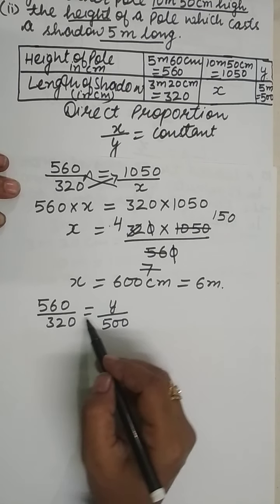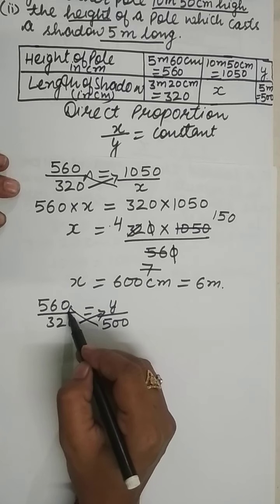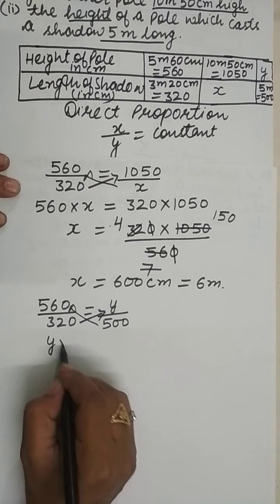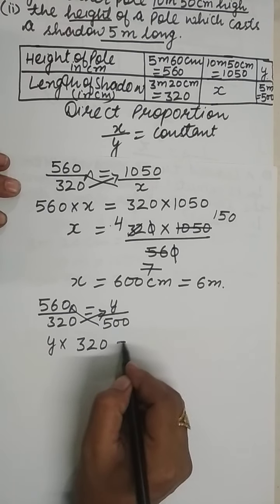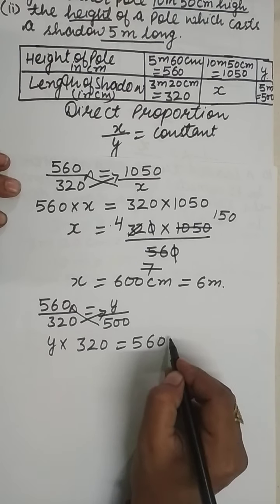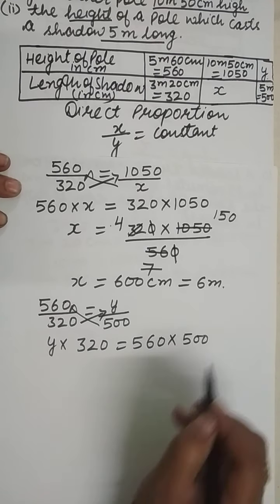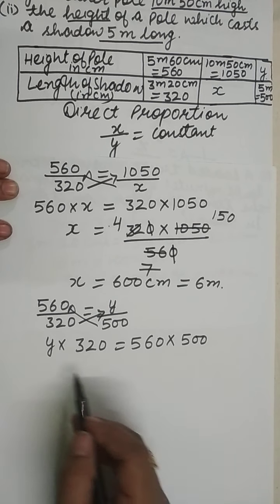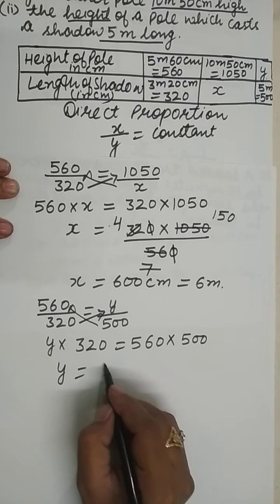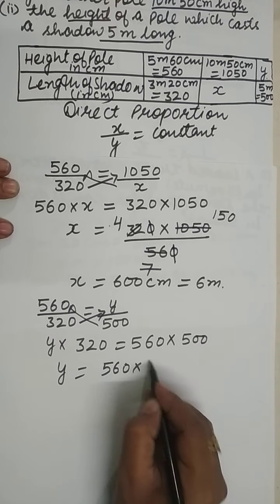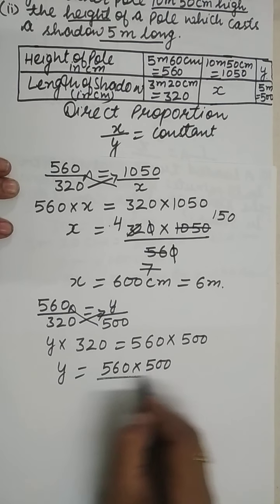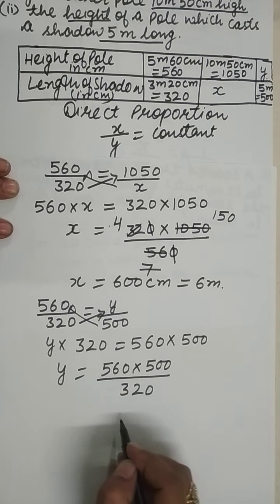That is, y multiplied by 320 is equal to 560 multiplied by 500, which is further equal to y is equal to 560 multiplied by 500 divided by 320.